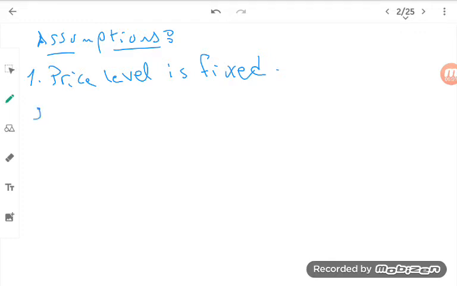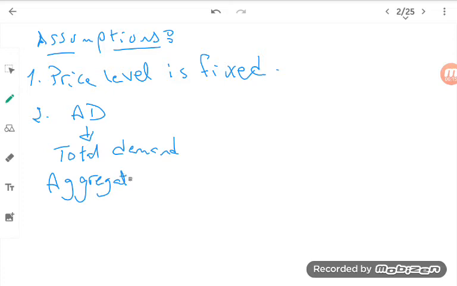And number two, aggregate demand, which is total demand, determines real GDP.